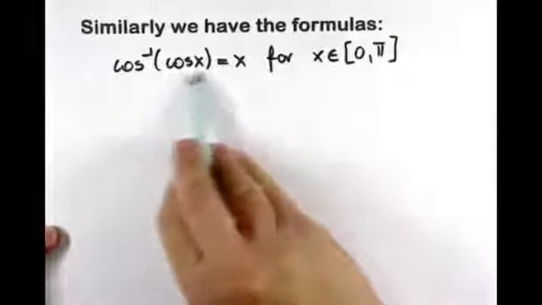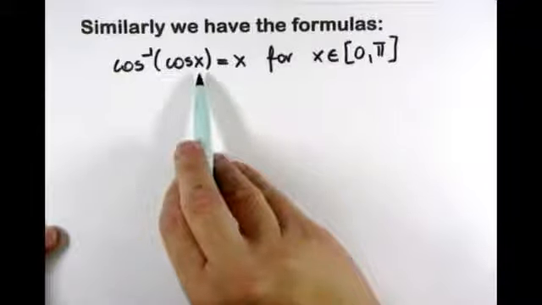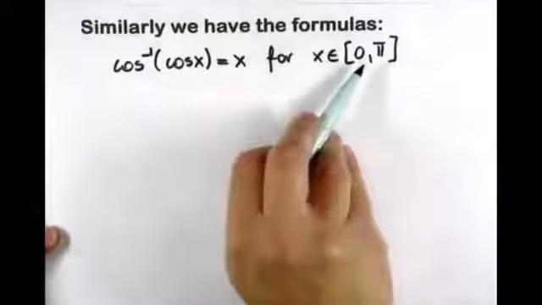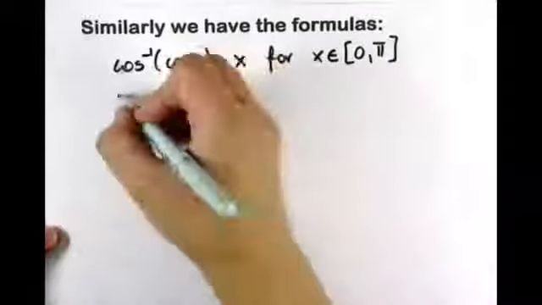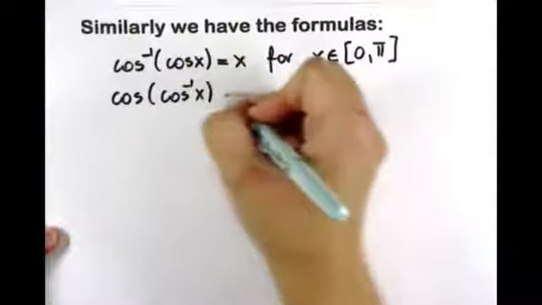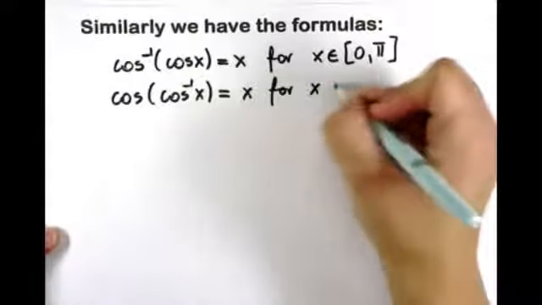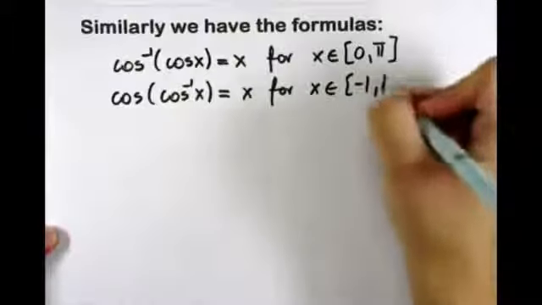That's the domain of the function inside. Cos has all real numbers, but in order that the inverse exists, we need to restrict the domain. And then the same way cos of cos inverse x is x for x from the domain -1 to 1.